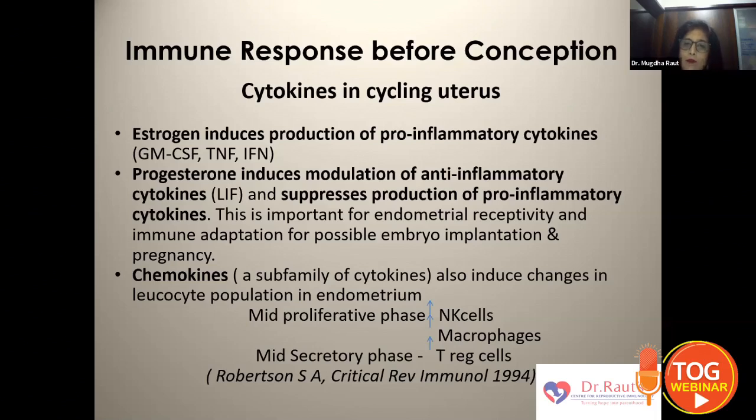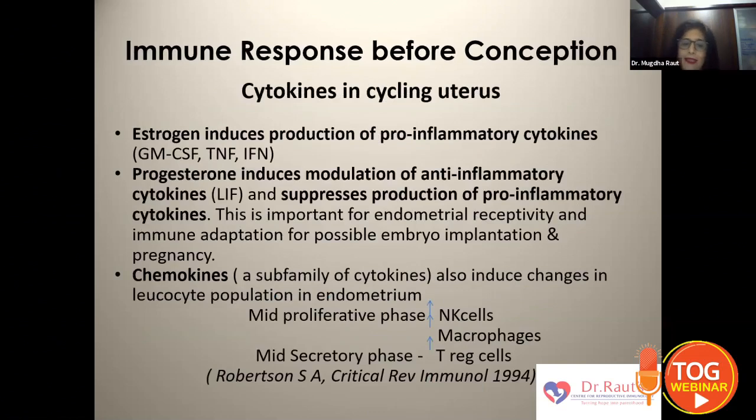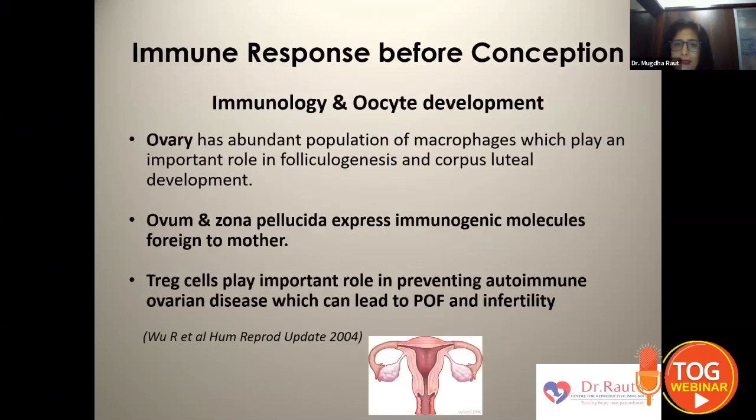This is important for endometrial receptivity and immune adaptation for possible embryo implantation and pregnancy. Chemokines, which are a subfamily of cytokines, also induce changes in the leukocyte population in the endometrium. In the mid-proliferative phase, there is an increase in the natural killer cells and the macrophages, and in the mid-secretory phase, there is an increase in the Treg cells. Next slide.